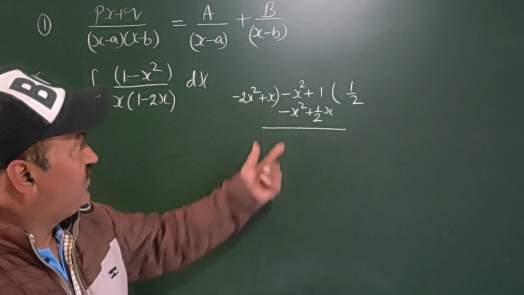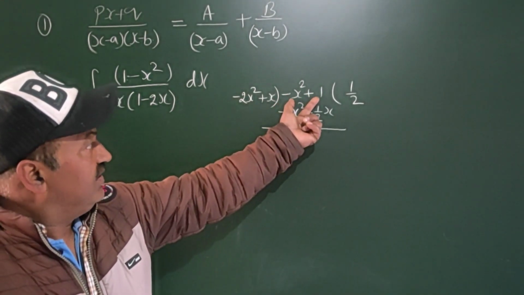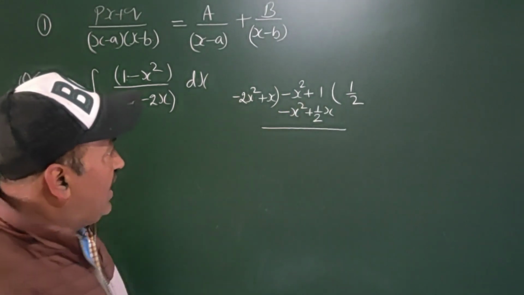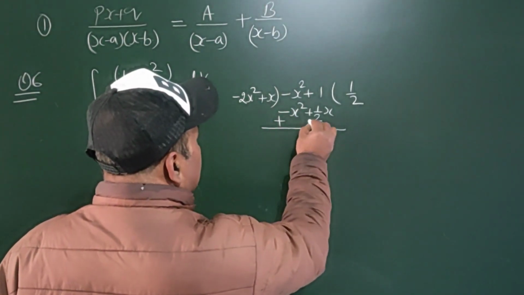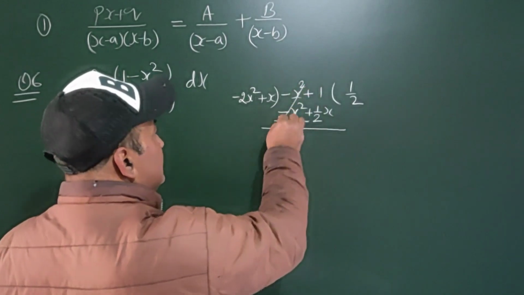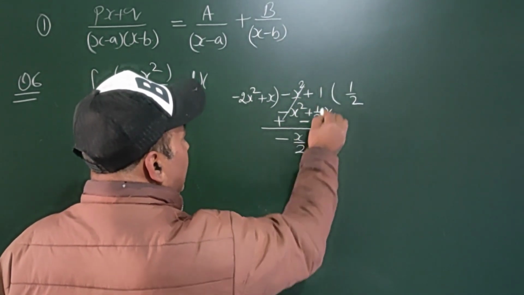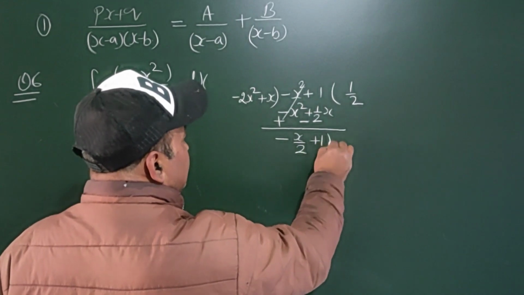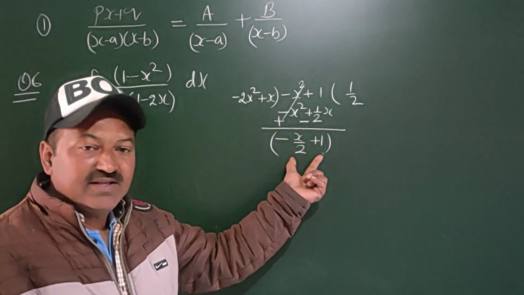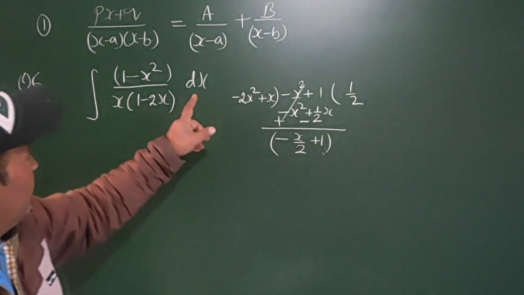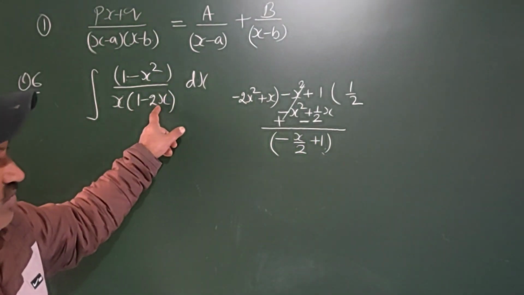Because in case of division, we have to make these two coefficients equal. After changing the sign, this is cancelled, and we get minus x upon 2 plus 1. This becomes the remainder. Now the degree of this remainder is less than that of the denominator.